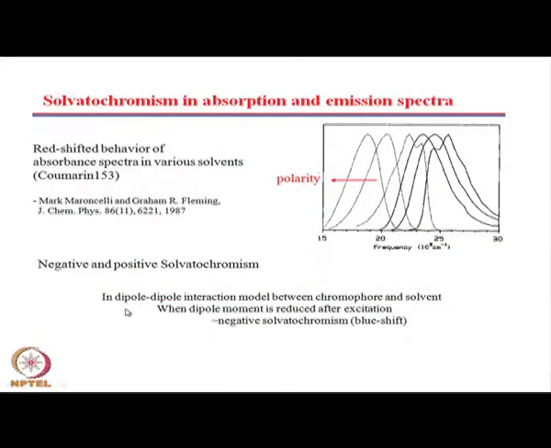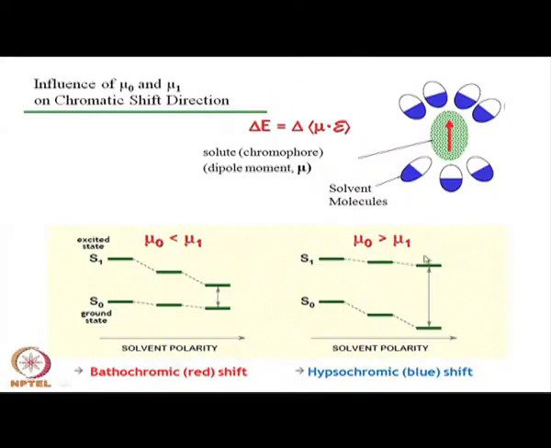Okay. In the dipole-dipole interaction model between chromophore and solvent, when the dipole moment is reduced after excitation, a negative solvatochromism, that is a blue shift, is expected, as it is explained over here. You see that the dipole moment is less, but if the dipole moment is more, you can get the reverse trend.